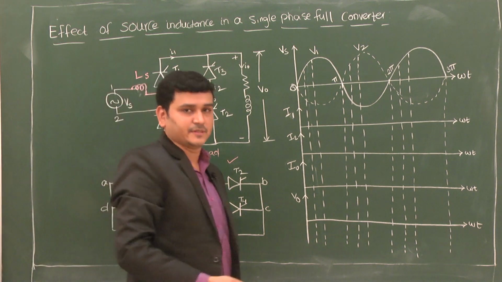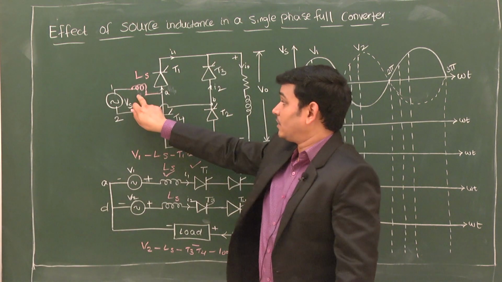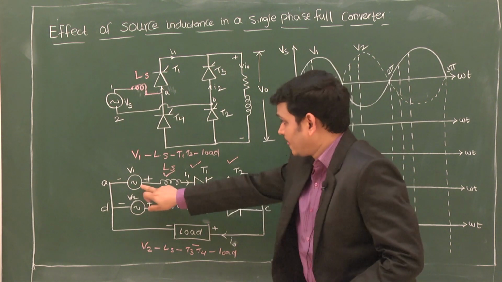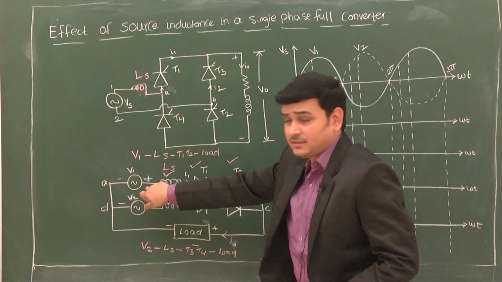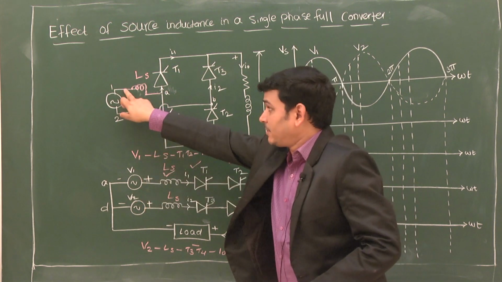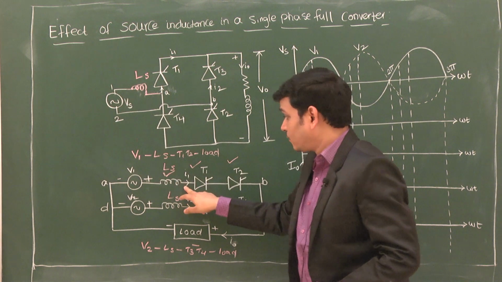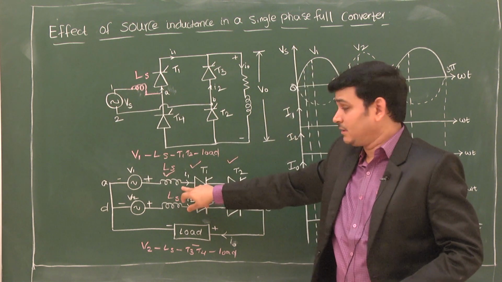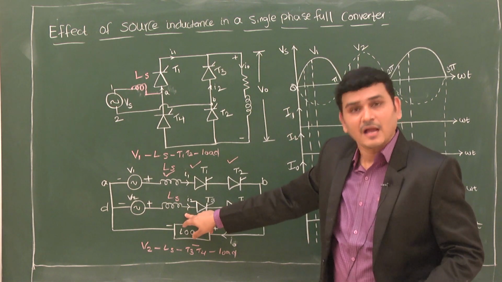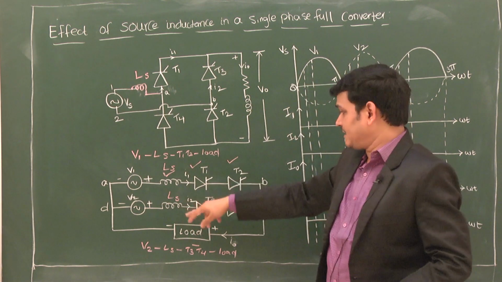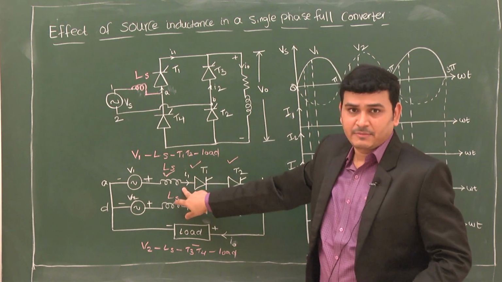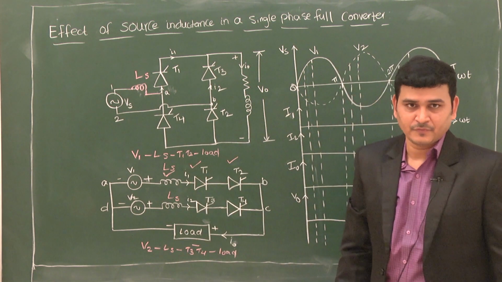But what makes the difference? The existence of Ls. When terminal 1 is positive, the current flowing is I1, and when terminal 2 is positive, the current flowing is I2. Obviously it is the load current, but I have named it I1 and I2.